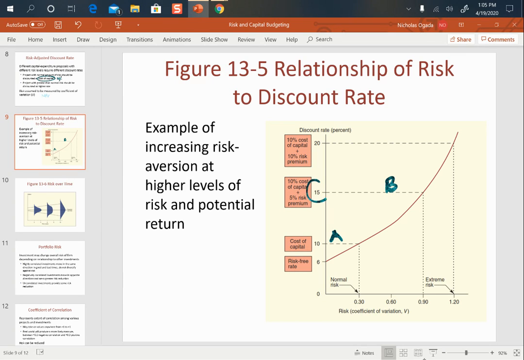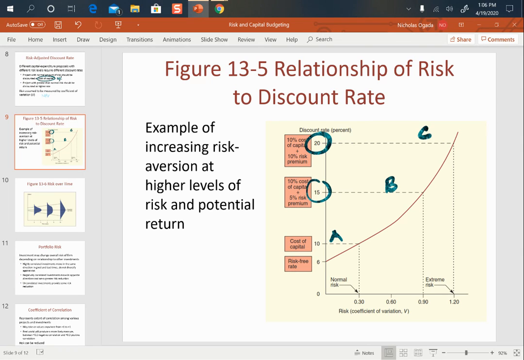In this example, it will be 15%. And if you have another project that has a higher risk than B and A, then of course you're going to adjust the discount rate and use a higher rate than what you used for B and for A.